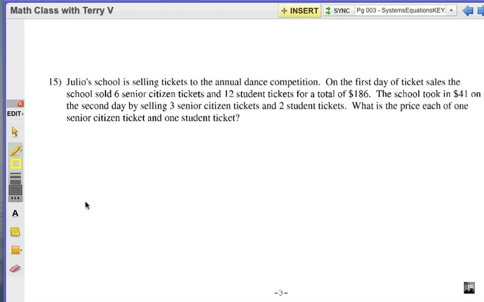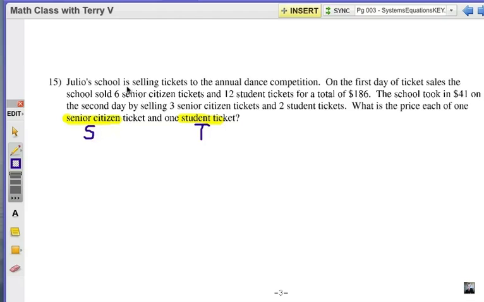What's the price of each, 1 senior citizen ticket and 1 student ticket? All right, so we've got 2 variables there. I'm going to say that senior citizen we'll call S, and student ticket we'll call T for teenager. So our first task is to write 2 equations.